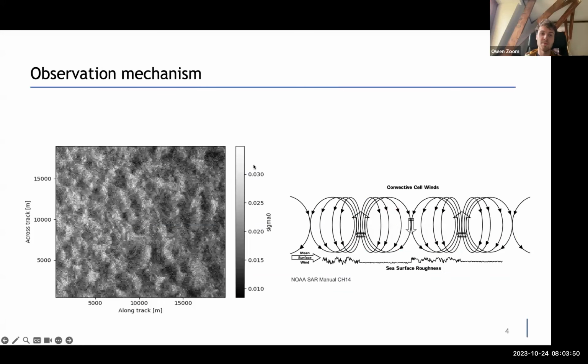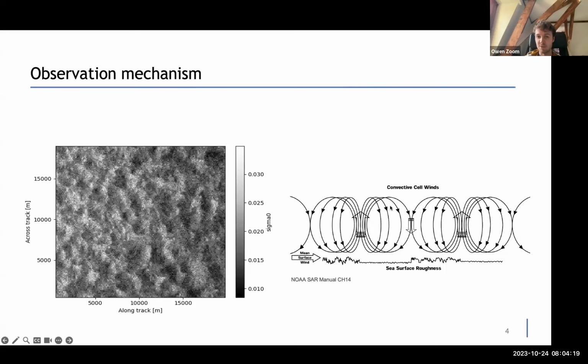So if we would then consider what type of atmospheric phenomena would produce such a radar scene, such a texture, well, I have a cross-section here on the right where we have these convective plumes, and locally where we have downdraft of these convective plumes, where the downdraft hits the ocean surface, it amplifies the ocean surface roughness, creating more of these small-scale waves.